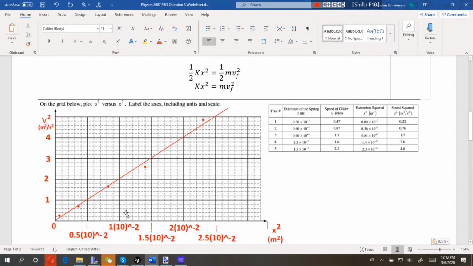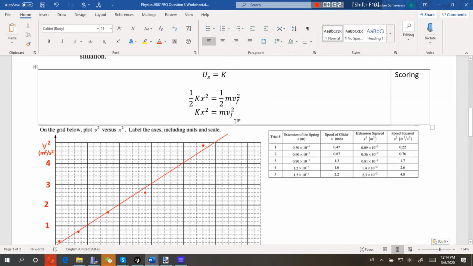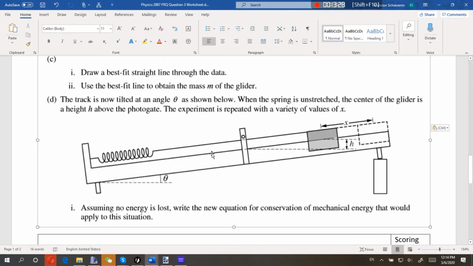How could I get the mass of the glider out of this? So if we find the slope, that's v squared over x squared, which is in the equation. Then we just divide by k. Cool. So let me break this apart because I didn't do that.